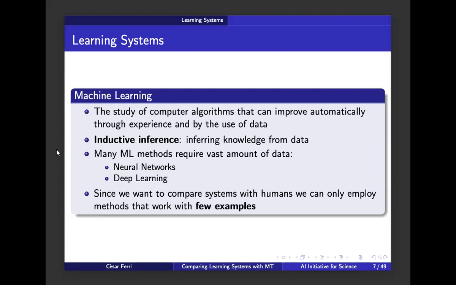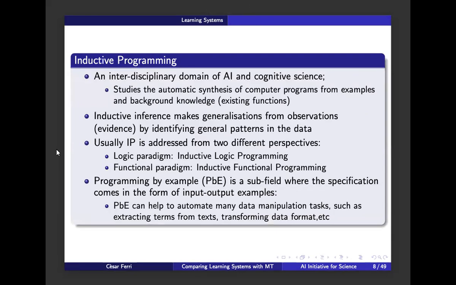Talking about few examples, there is a technique called inductive programming, which is the most used paradigm when we only have few examples to learn from. Inductive programming is an interdisciplinary domain of artificial intelligence and cognitive science.